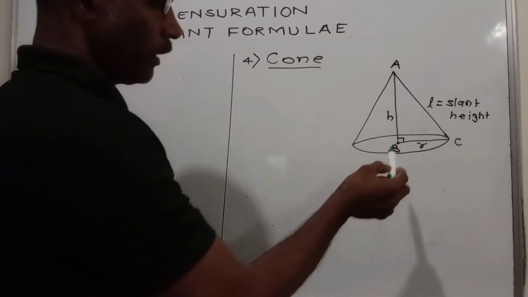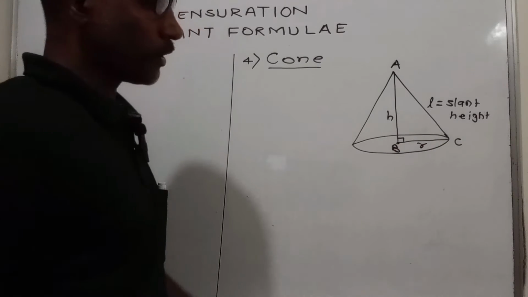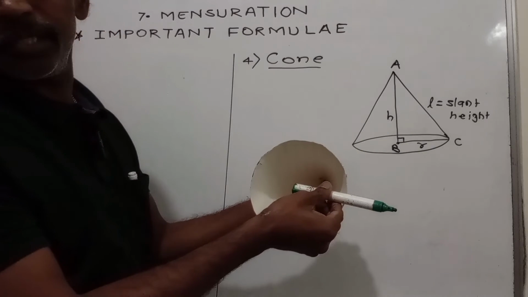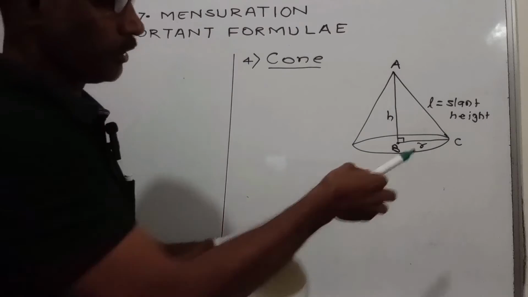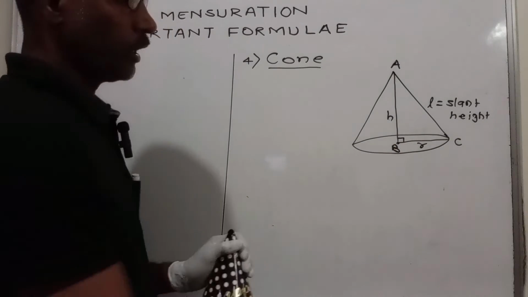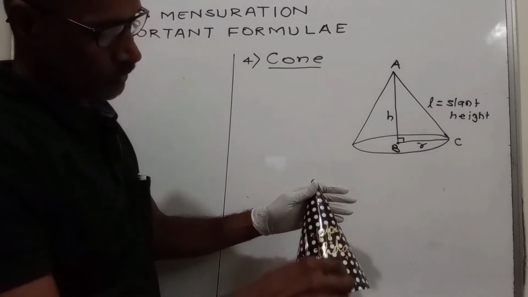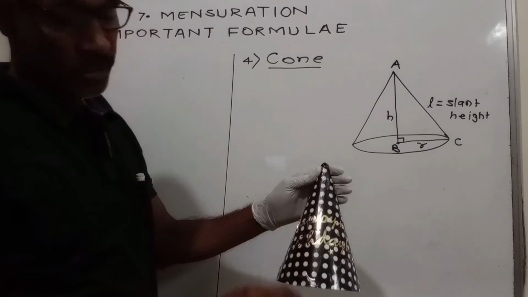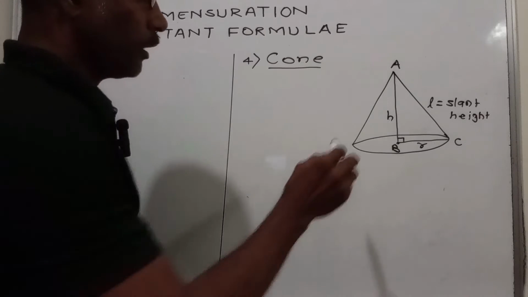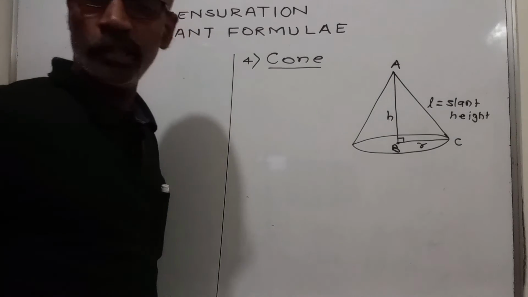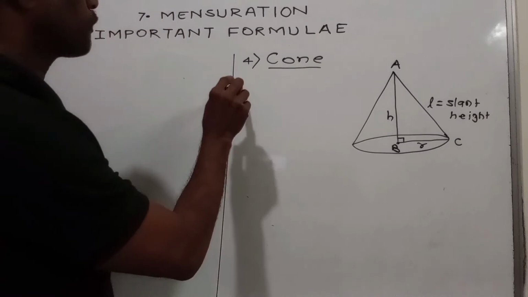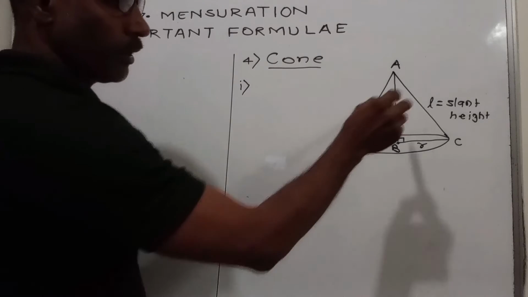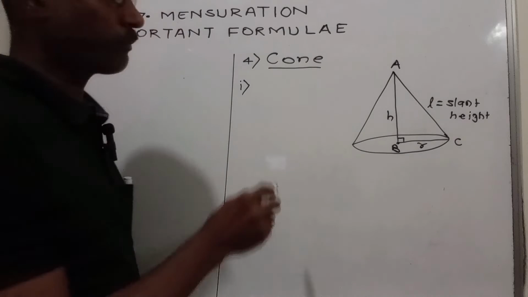Then BC, see this way, this is circle, therefore this is radius, r, and this is what we say slant height.